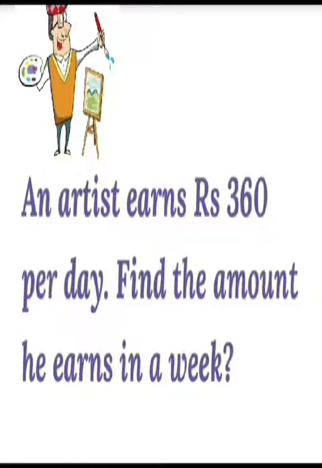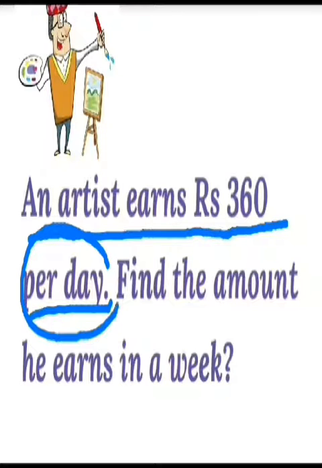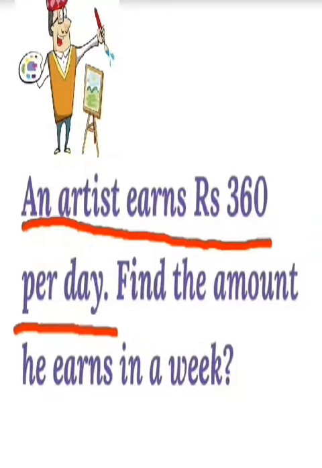Now, let us see what informations are there in the question. An artist earns 360 rupees per day. Children, per day means every day. So this statement means that an artist earns rupees 360 every day. Now, let us see the next information.